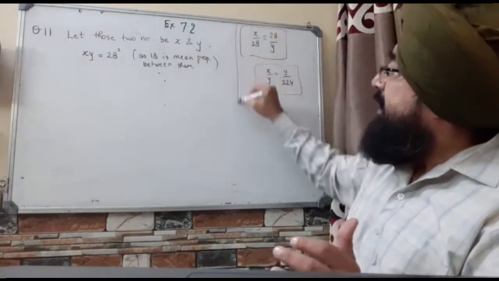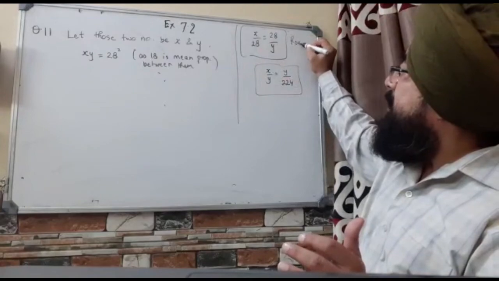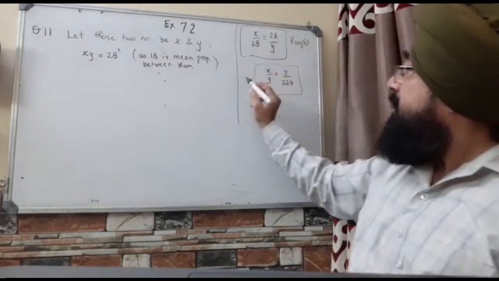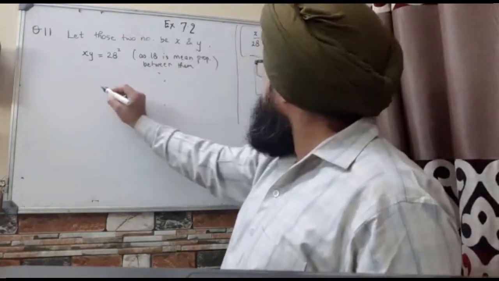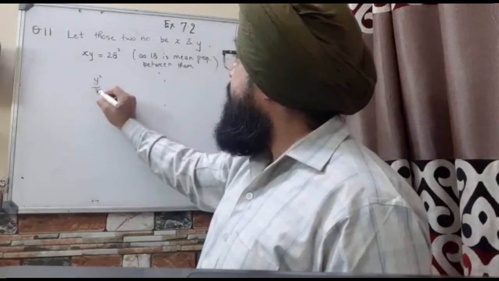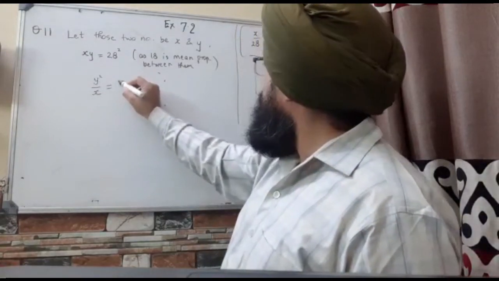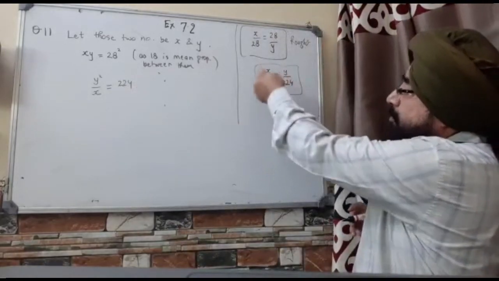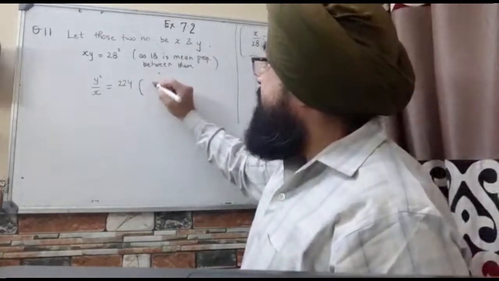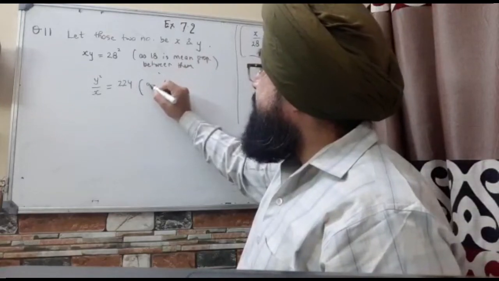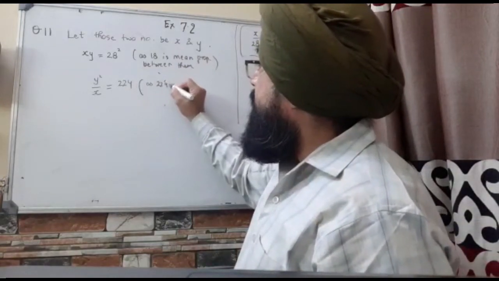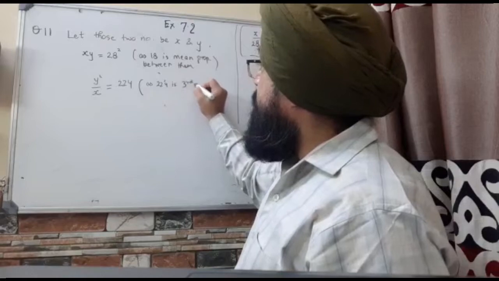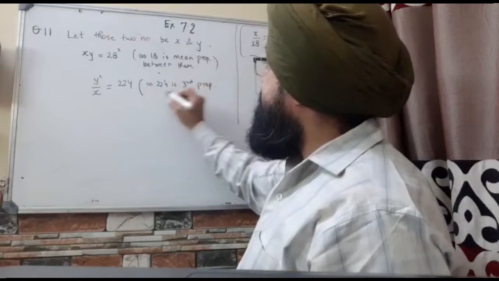And that means y square over x is equal to 224, and you need to write a statement here, that is, as 224 is third proportion between them.